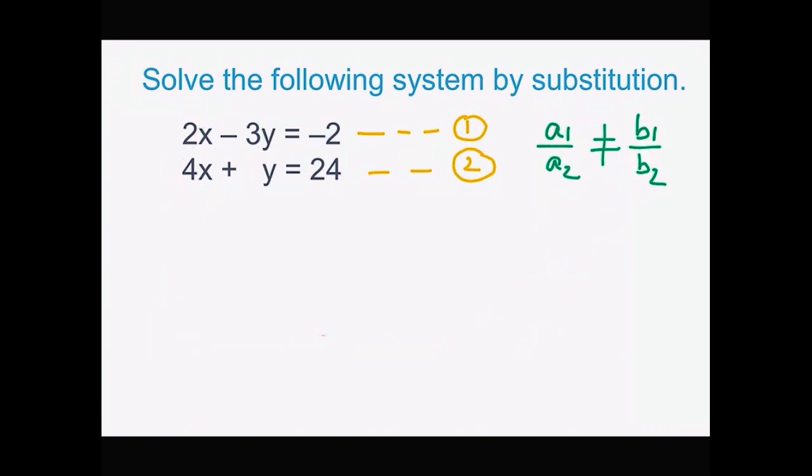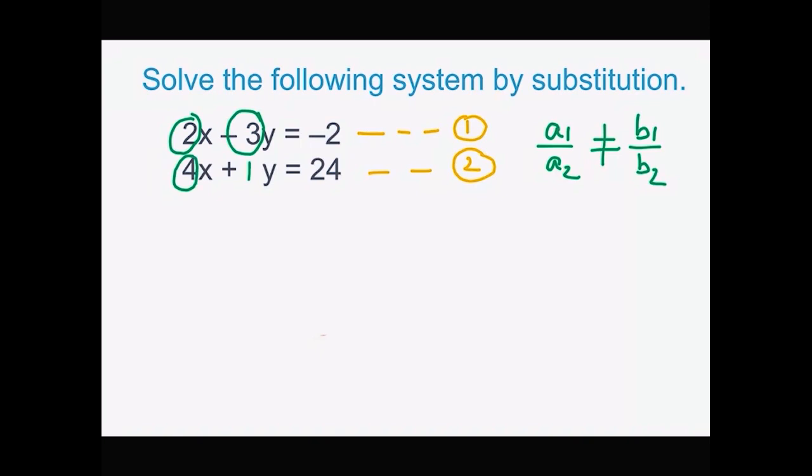Now the basic idea of this substitution method is to get the value of y in terms of x from any equation, or the value of x in terms of y from any equation. For doing this, you can check the coefficients. Here the coefficient of x is 2, of y is 3, and in the second equation the coefficient of x is 4, of y is 1.